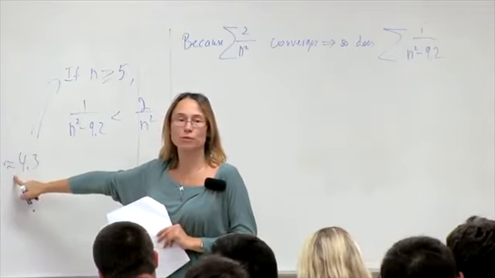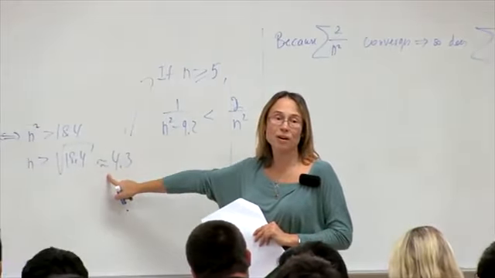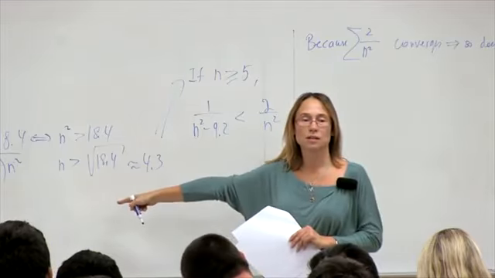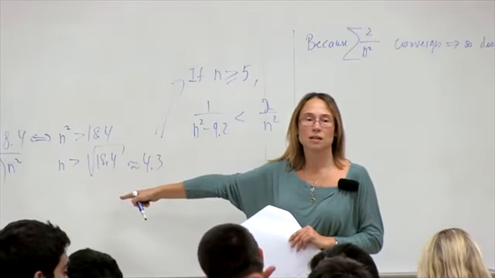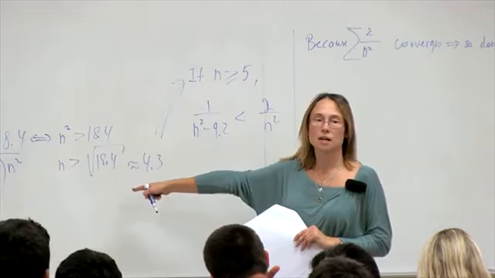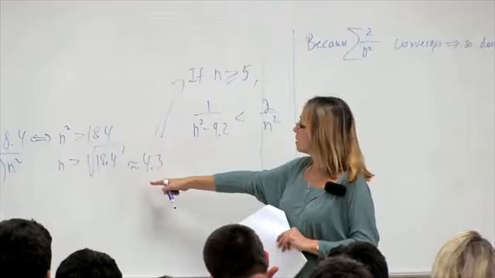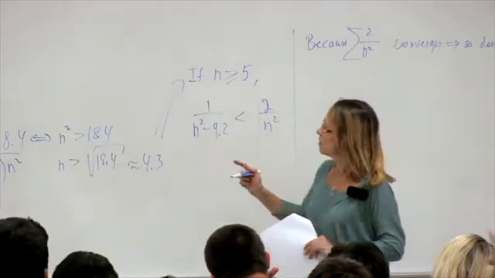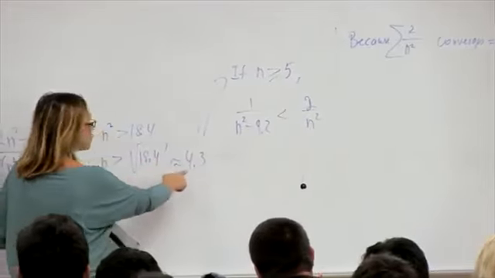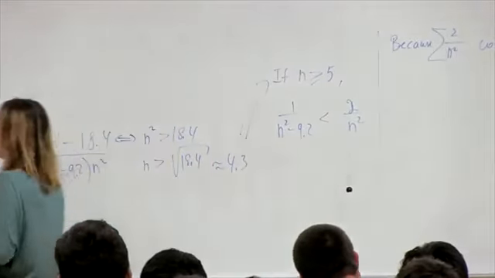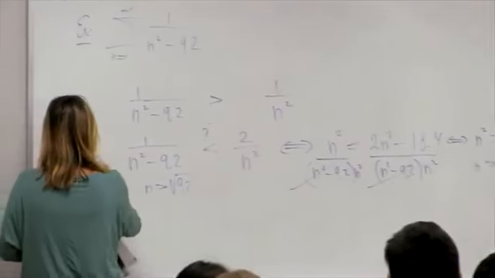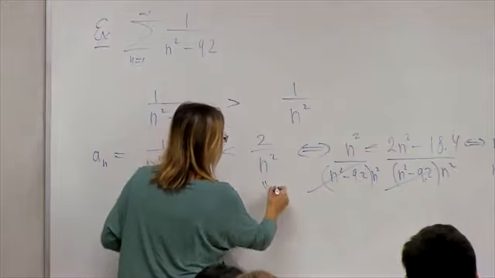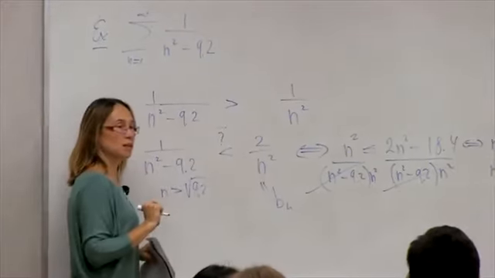Question? How do you know when to pick 5, or n greater than or equal to? So I got this number, 4.3. Because n is an integer, I'm guaranteed that starting from 5, it's going to hold. So I know that if n is greater than approximately 4.3, the terms an of my given series are less than bn of this series.